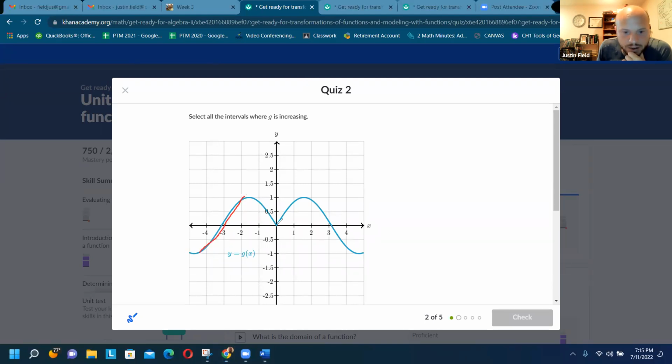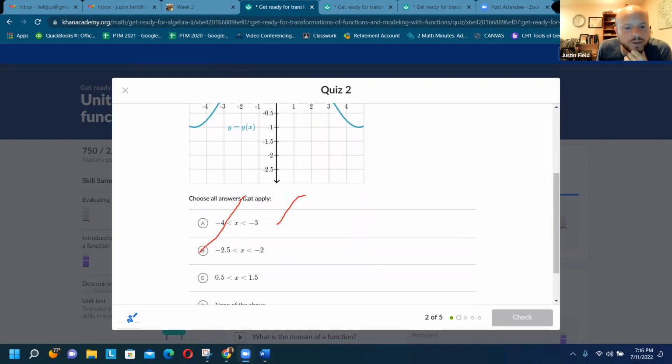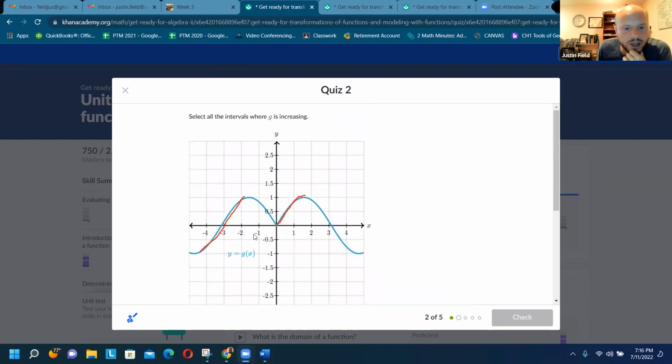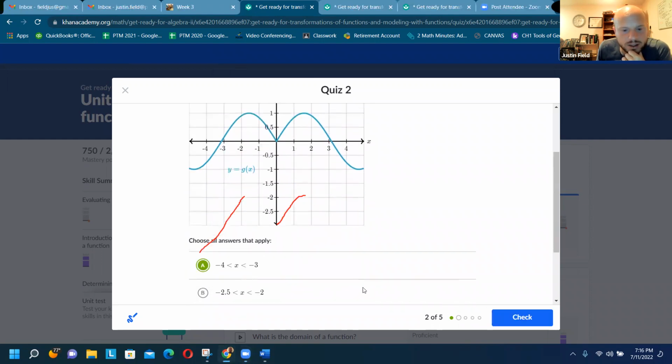Right there is an increase, right here is an increase. So those are the two increases actually. At other places, it's decreasing. So -4 to -3 is in my increase. And then there's more, but you can figure that out.